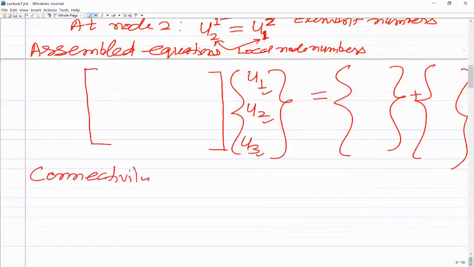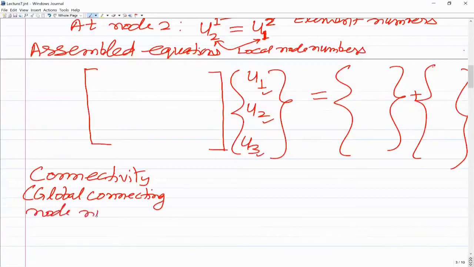First we talk of the connectivity of elements. Connectivity means basically the global connecting node numbers. This is for each element, and this is what we call connectivity.